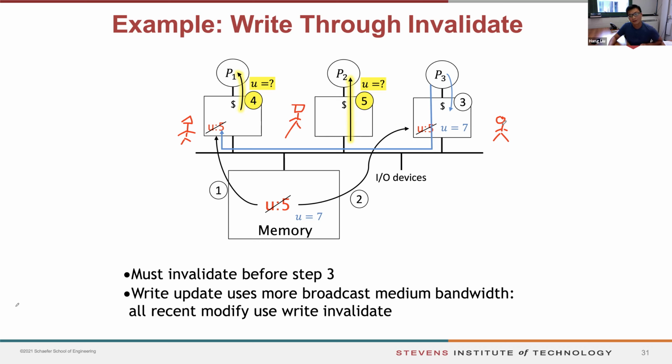The circle one is sending a request saying, I want to invalidate at event 3. The circle one, processor 3, wants to send invalidate of U on the bus. Okay, it sends invalidate on the bus.